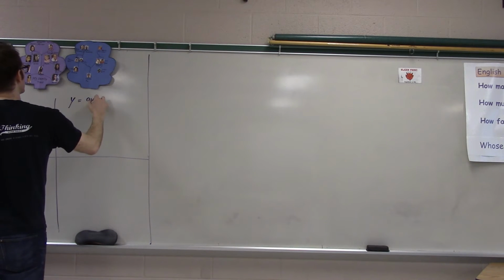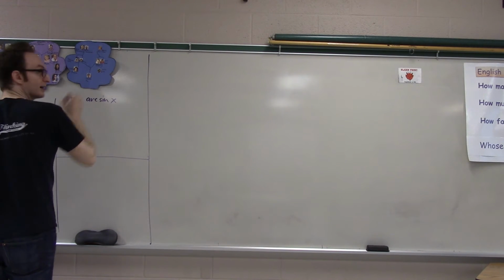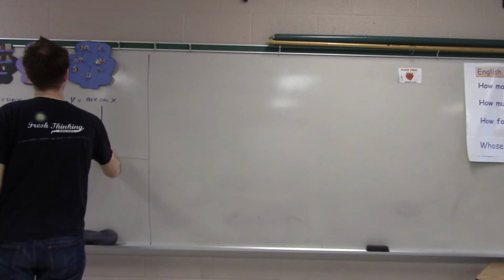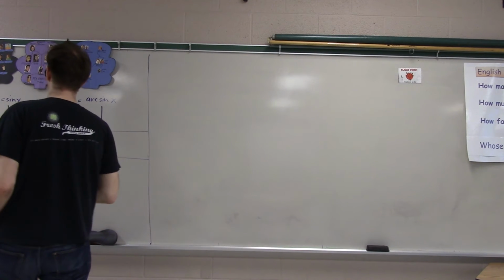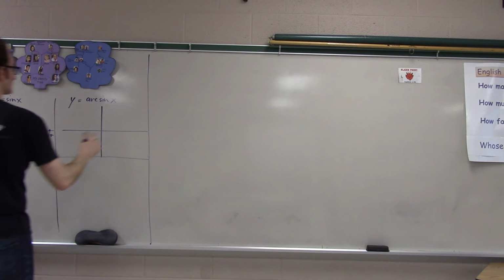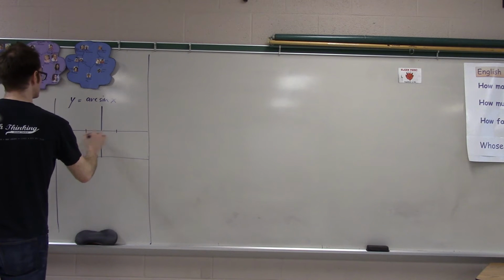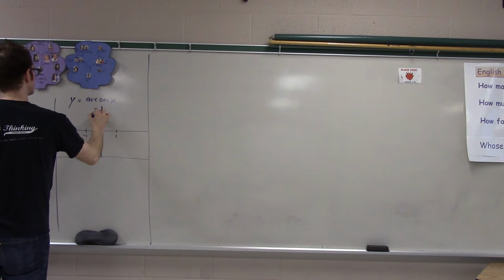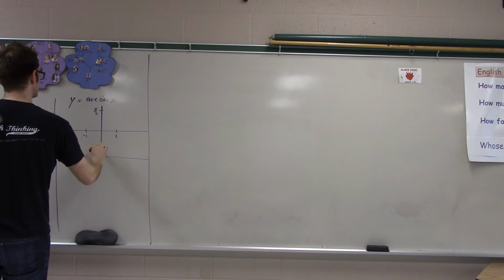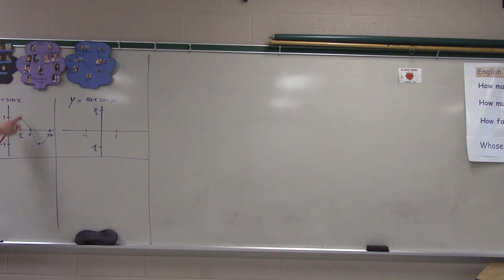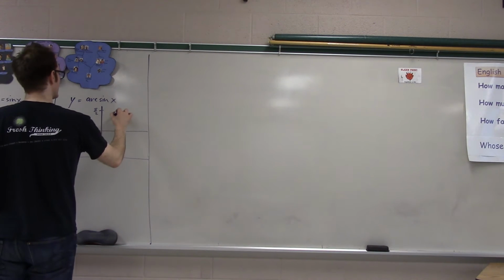Thus, when I go to make the arcsine x graph, at pi over 2 it's 1, so at 1 it's pi over 2.